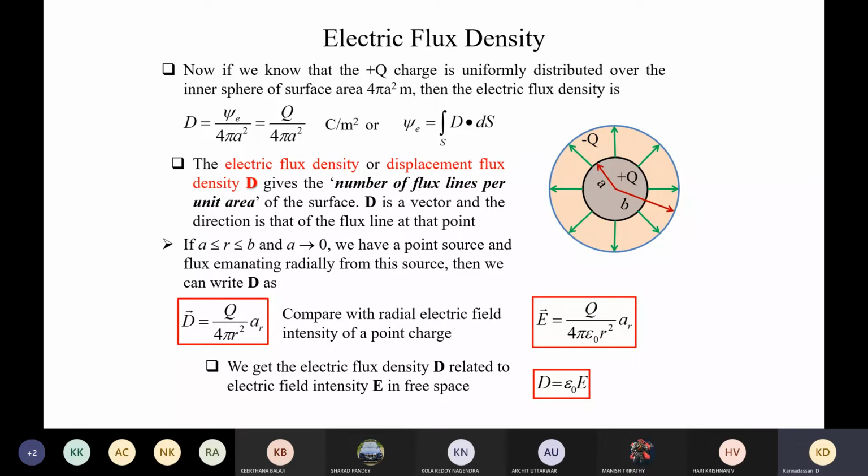And in reality, whether they are correct or not, whether they are actually behaving in this way or not, that is a big question, because nobody has seen, not even the electrons.